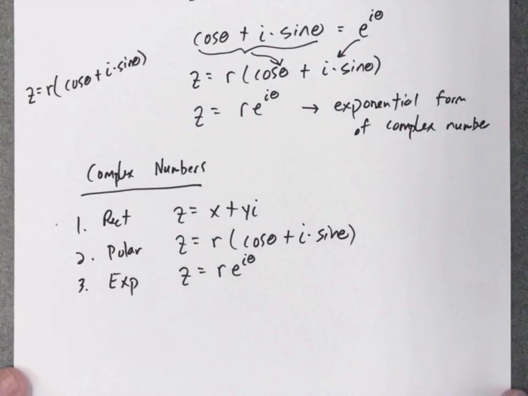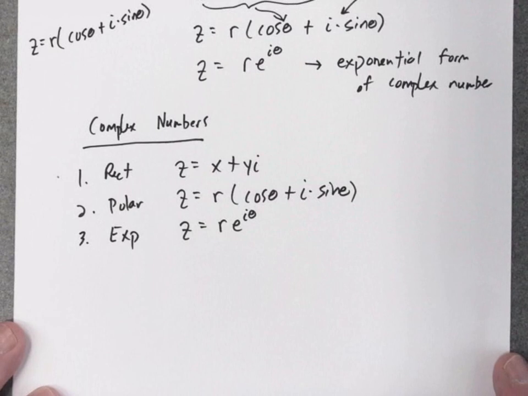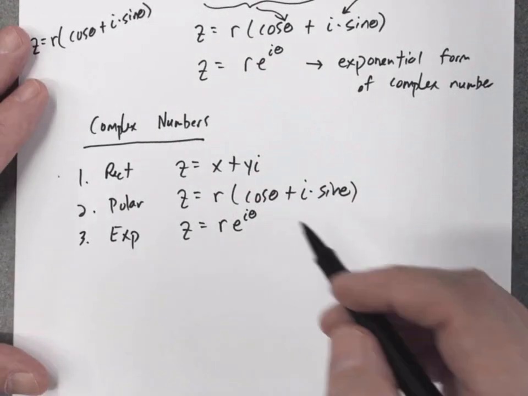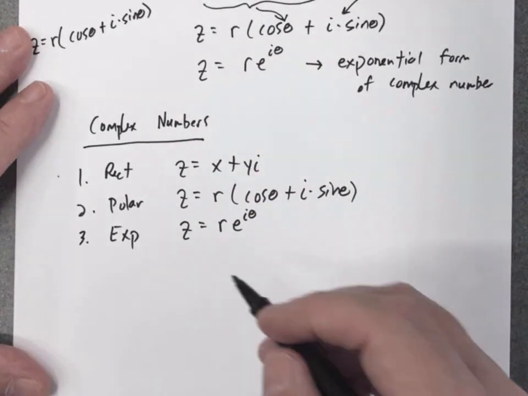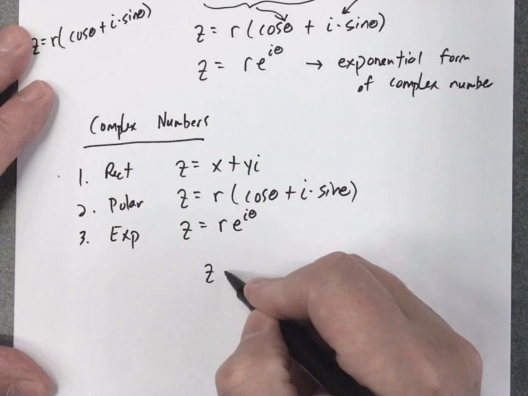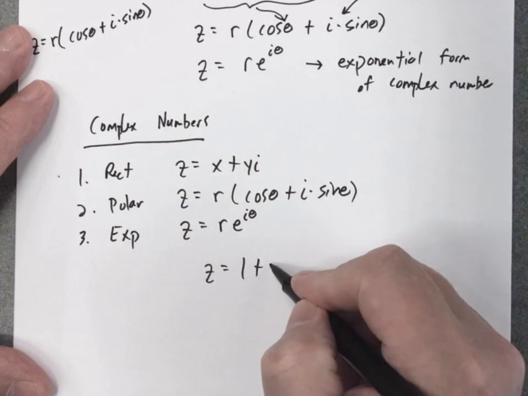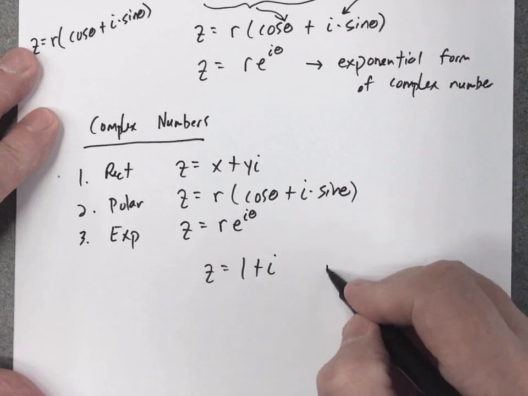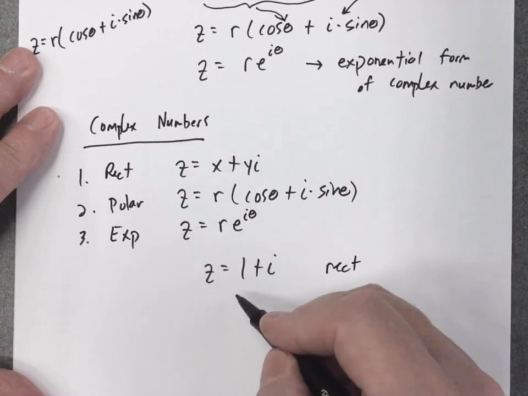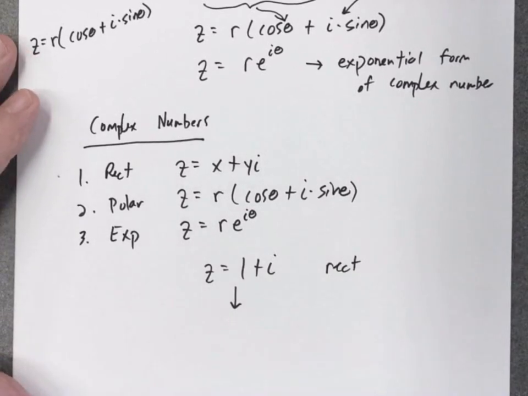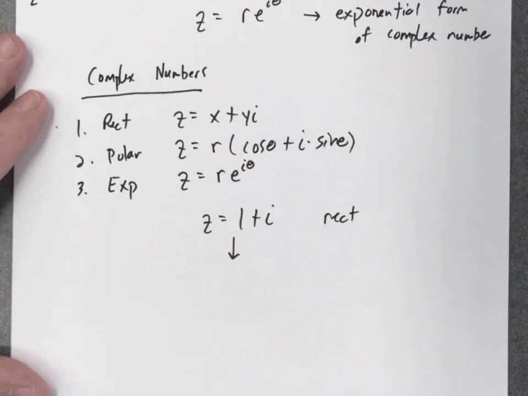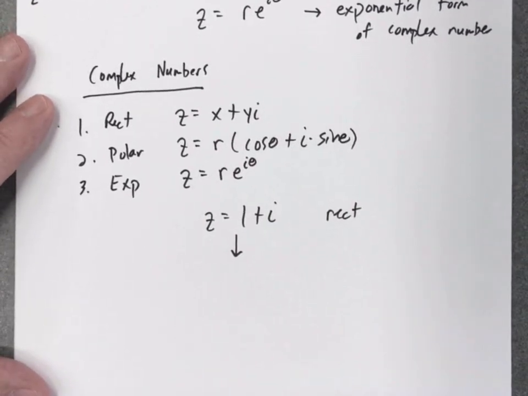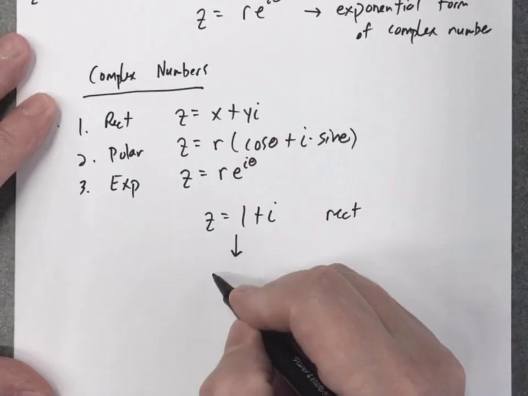So here's what's going to happen. They'll give you a complex number in rectangular form. Matter of fact, I'm going to do the one I've already done. This was the first problem we did. So that's rectangular form. We've already done this problem and converted it into a polar form.